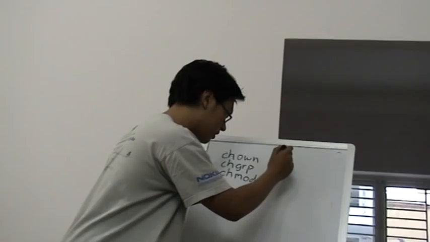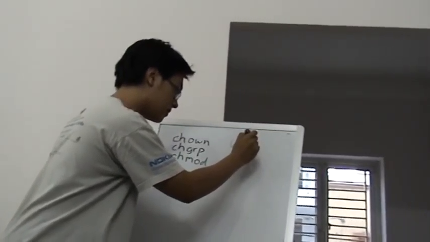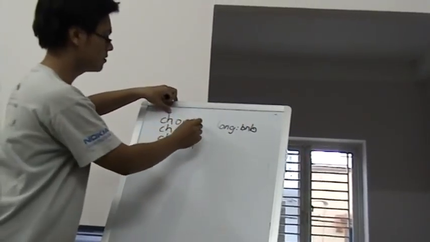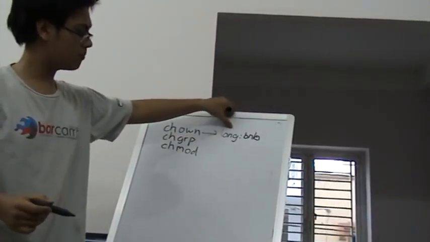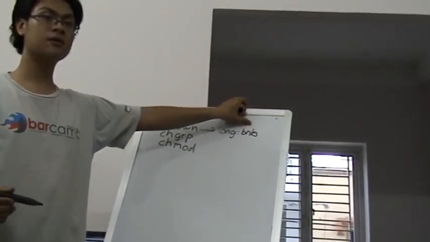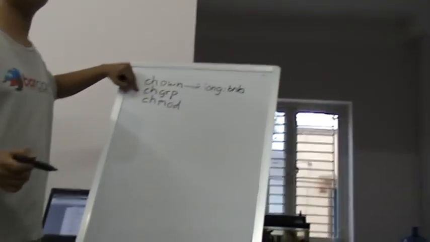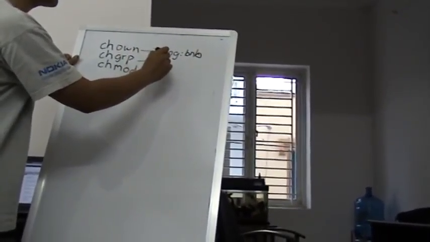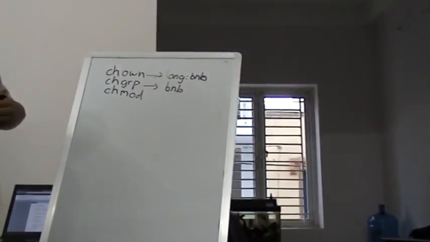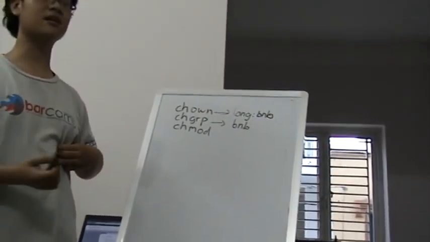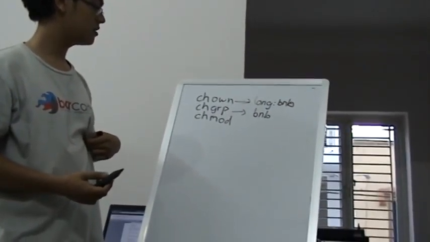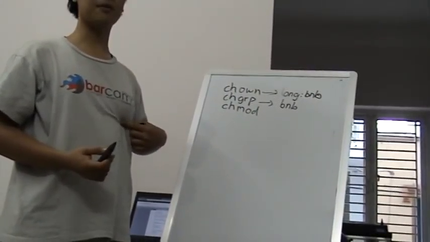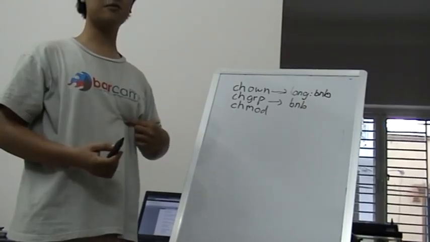You can do long colon bnb to change the owner to long and the group to bnb. So chown can do chgrp too, but it will be faster. Like you can just do chgrp bnb. Sometimes it's more convenient. One millisecond faster? No, you actually need to type them. And if you type them wrong, you need to type them again.